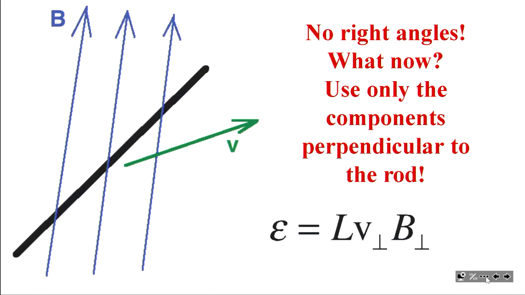That's it. Because parallel components don't matter. They don't affect. And if a magnetic field or velocity have no perpendicular component to each other or to the bar, that number becomes 0. There is nothing induced.